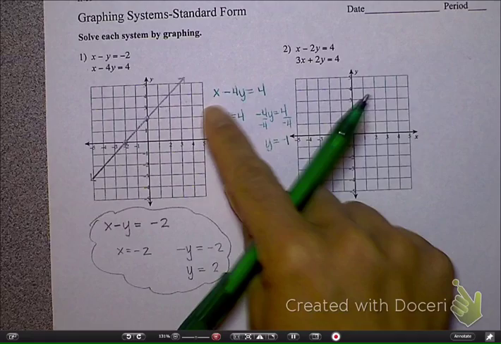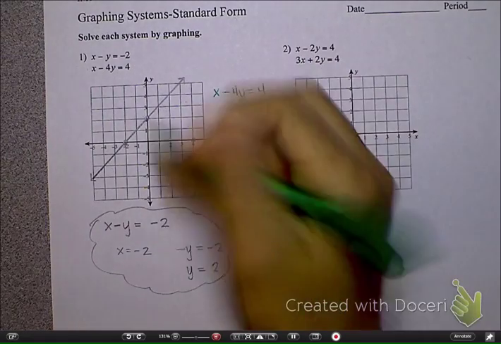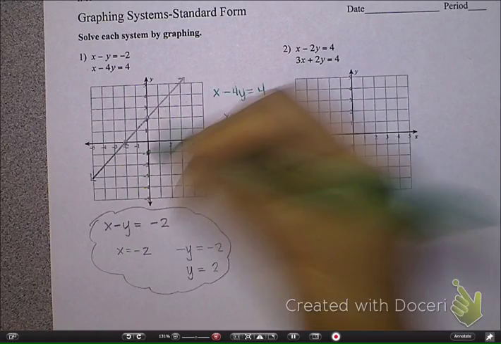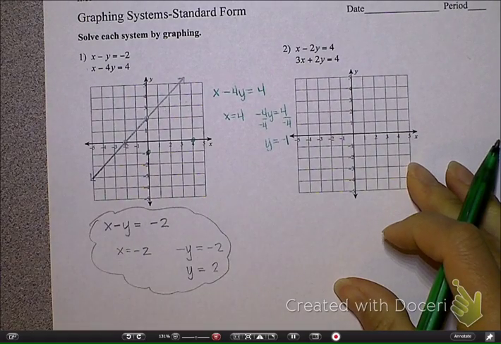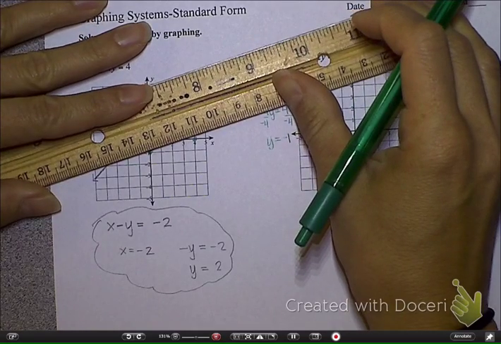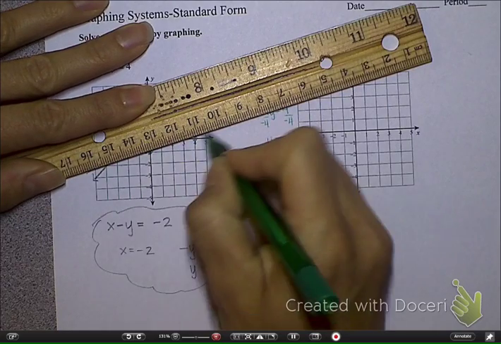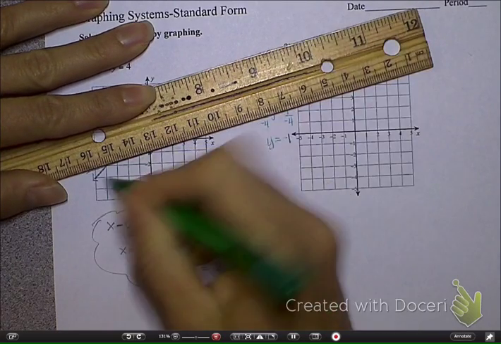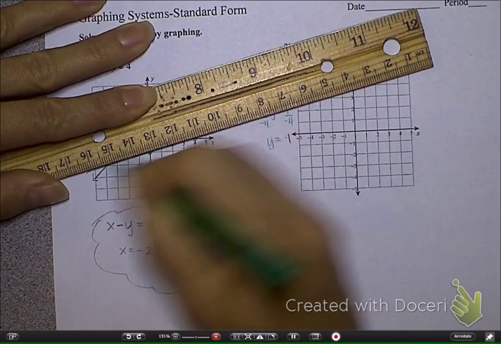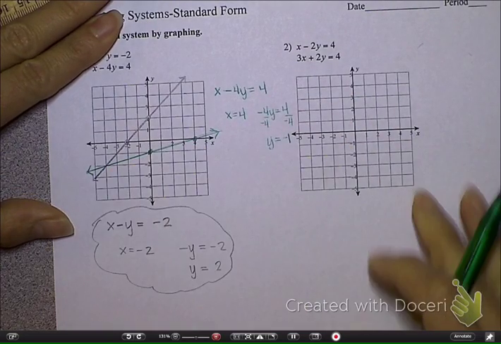Now I can take these two intercepts and graph them. x equals +4 is over here, and y equals -1 is over here. Now I'll connect those dots. Let me be a little more precise here. There we go, here's my second line.